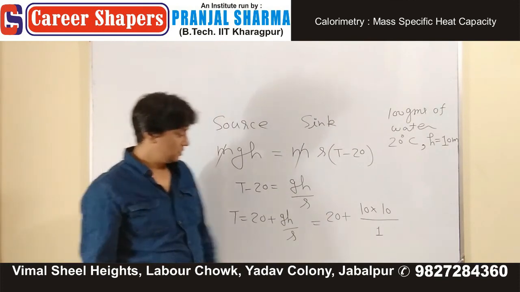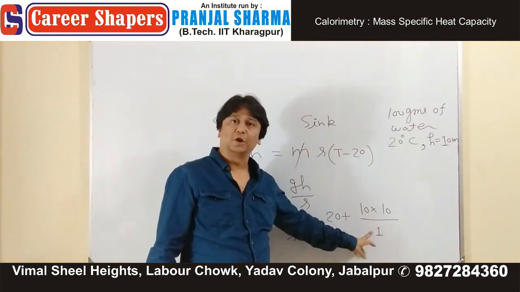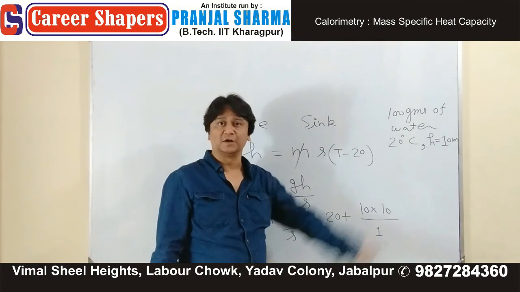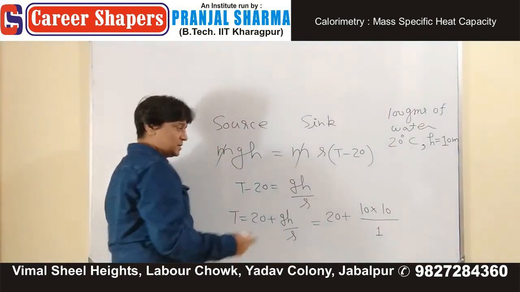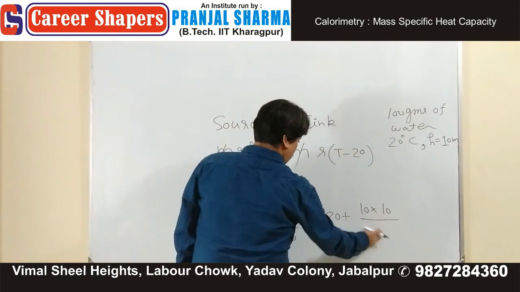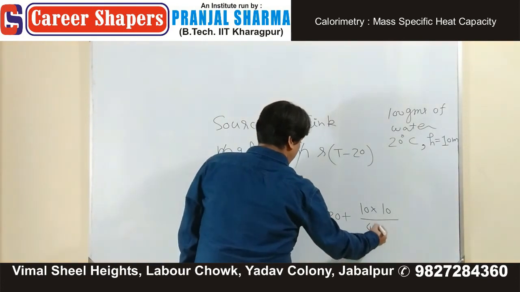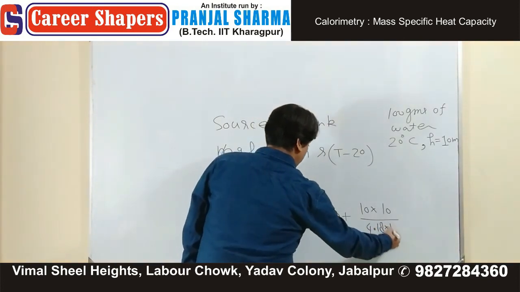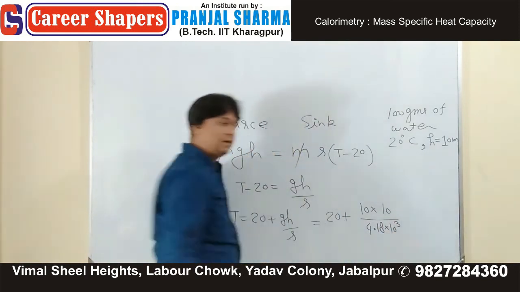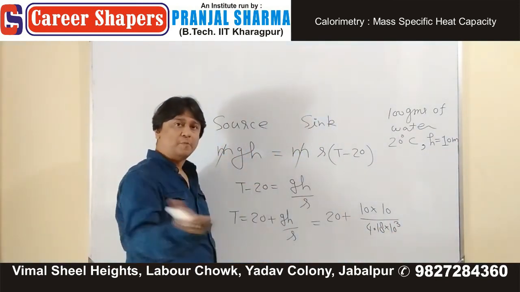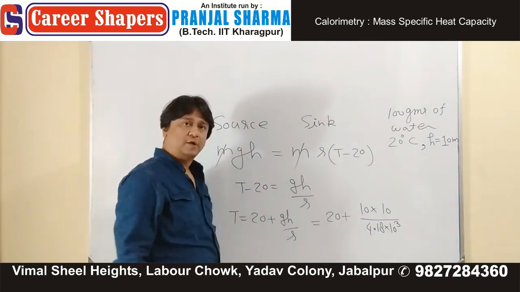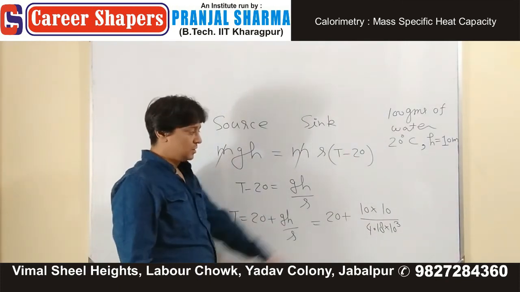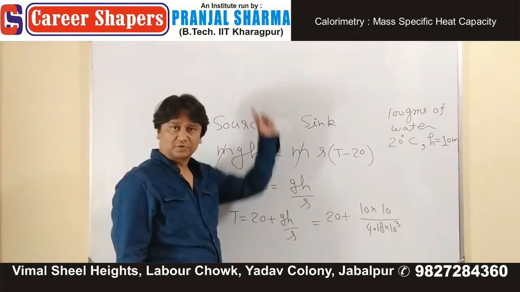And therefore, use the proper value of S, which I gave you in terms of joules and kg. So when you go for that, this will be 4.18 into 10 to the power 3. Remember, the denominator had 10 to the power minus 3 shifted, and it becomes 4.18 into 10 to the power 3. That is for the grams to kg conversion.